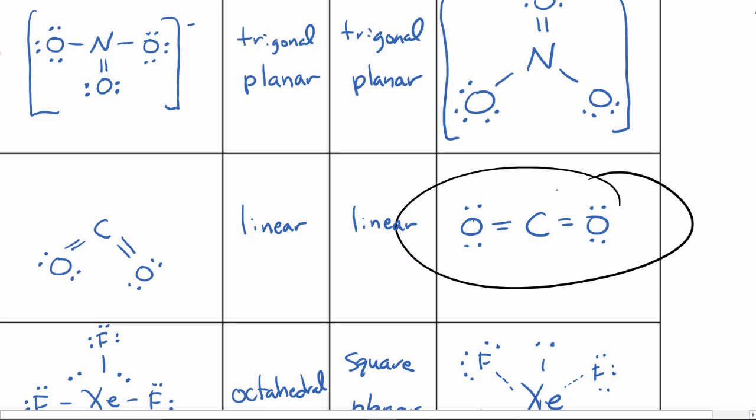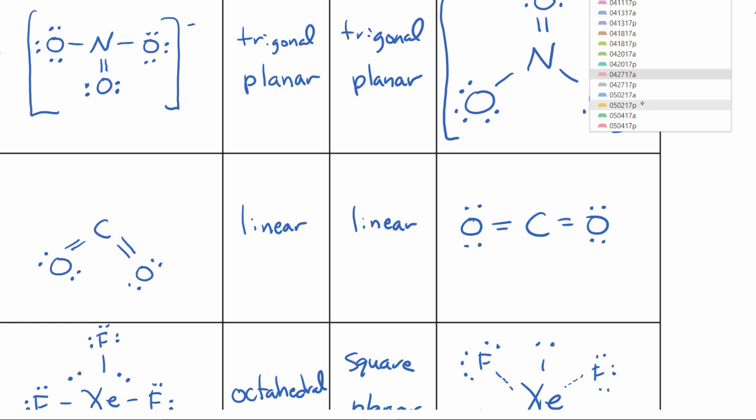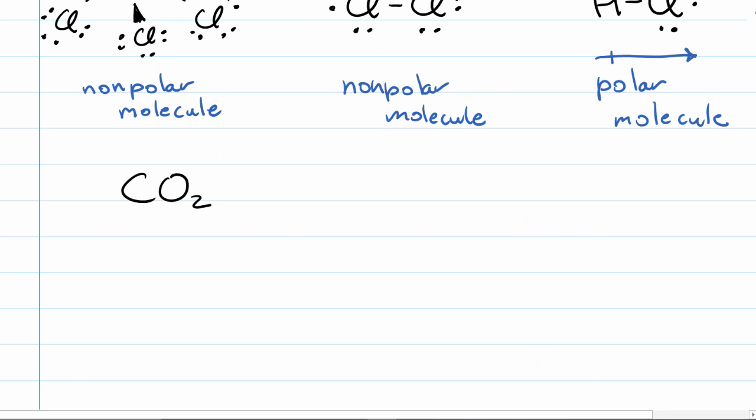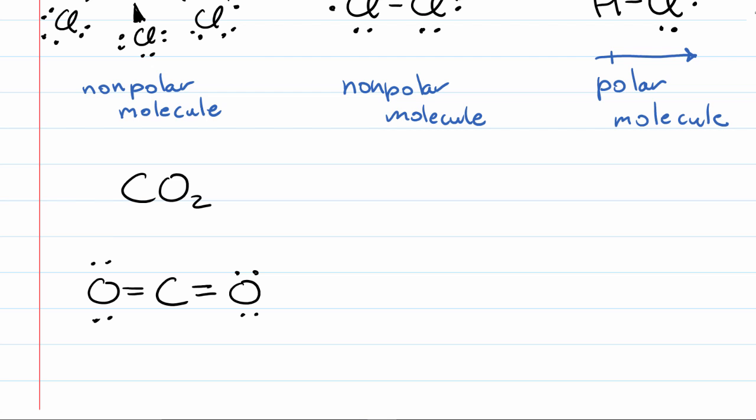We found that CO2 is going to be a linear molecule. So we want to make sure that we show the correct shape of carbon dioxide. When we show its shape here as linear, we then look up those electronegativity values.